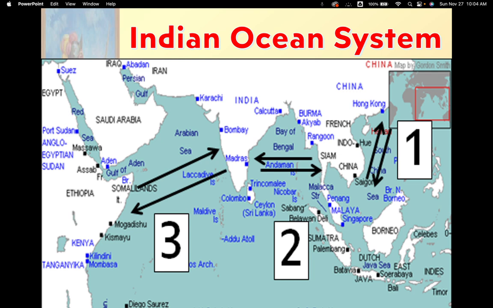As you remember, the Indian Ocean system was a network of sea lanes, port cities, and overland trade routes that connected China, Southeast Asia, India, the Middle East, and Africa in a network of communication and exchange. So, this was an existing trade route that the Europeans, led by Vasco da Gama and Afonso de Albuquerque, and then later explorers, essentially connected into.